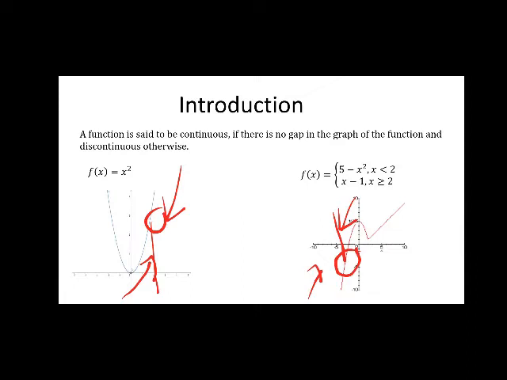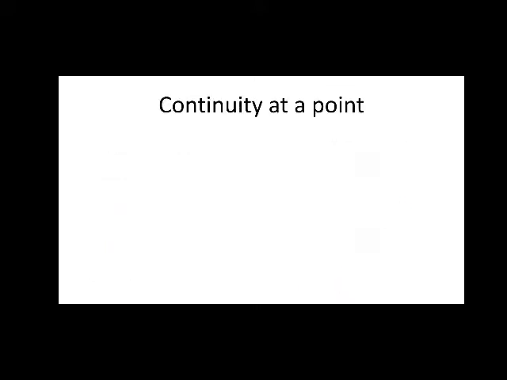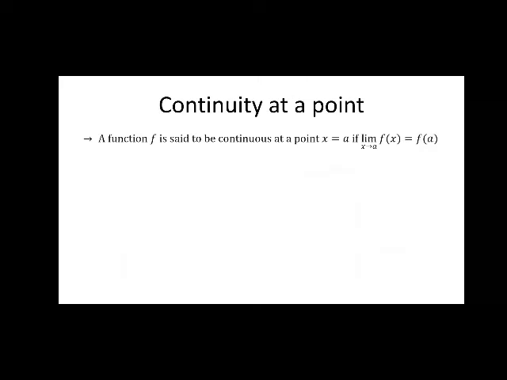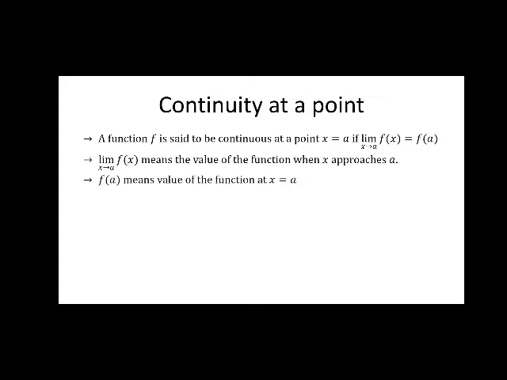Now if we go back to our definition, for a function to be called continuous, its limiting value and its functional value both must be equal. So now let us check for the functions whether this happens or not.